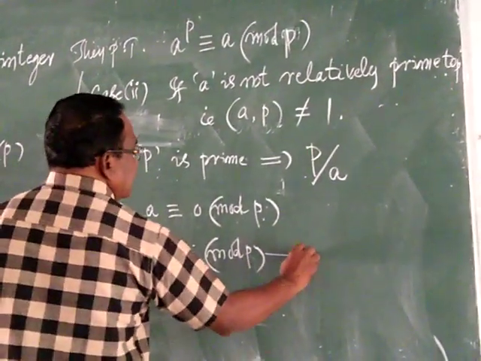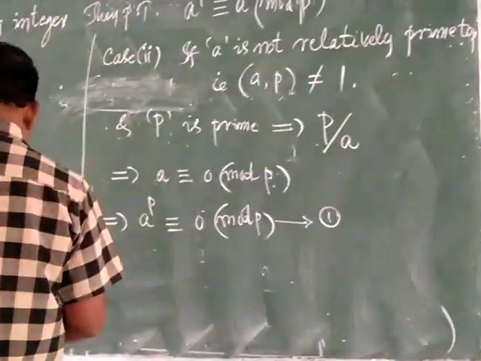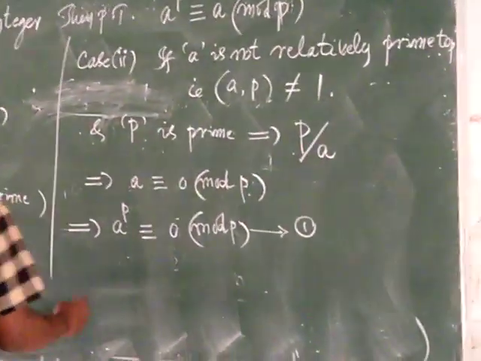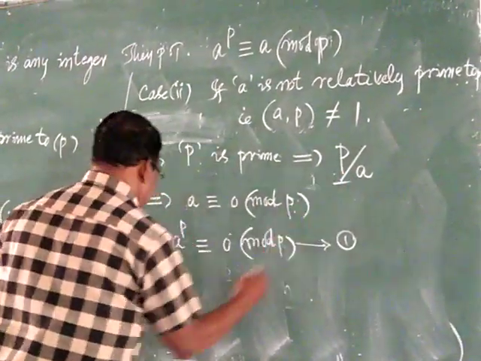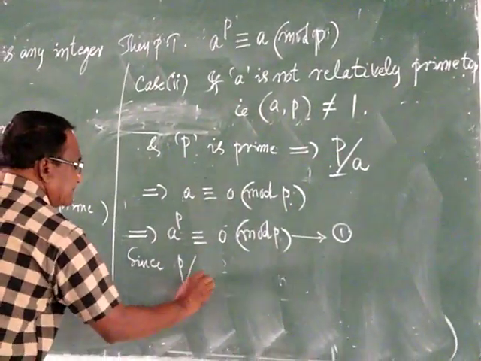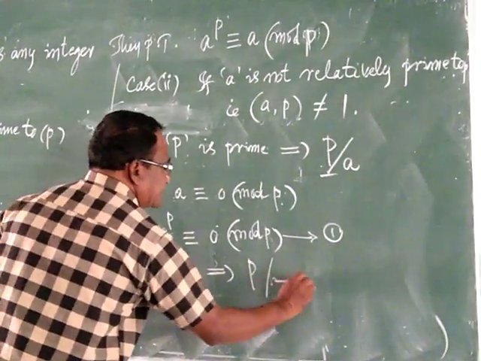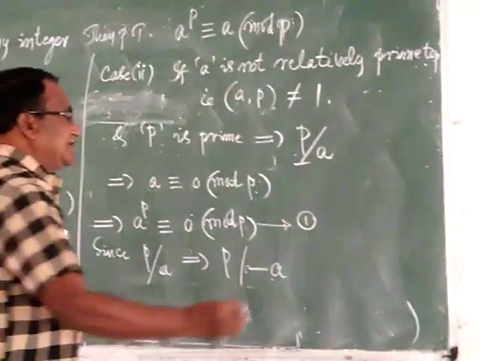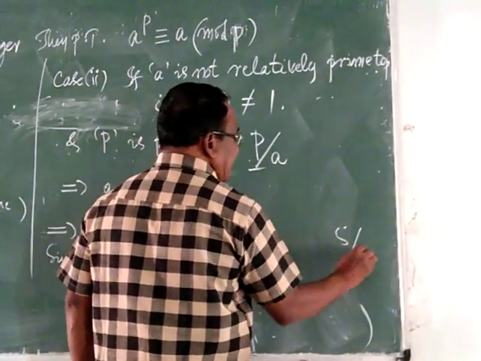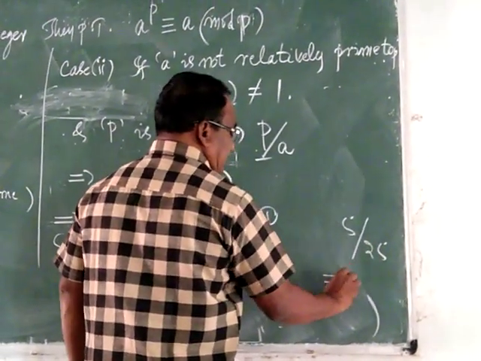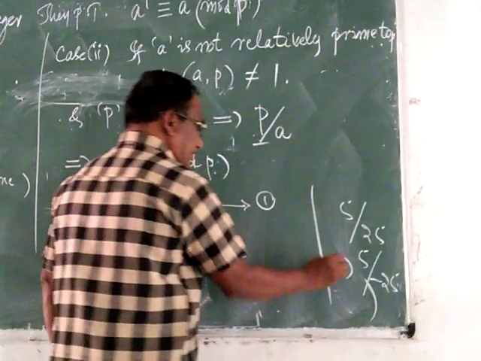This result, you better call it result number 1. Next, since P divides A, this implies that P also divides minus A. Because if I say 5 divides 25, then definitely it implies that 5 divides minus 25.